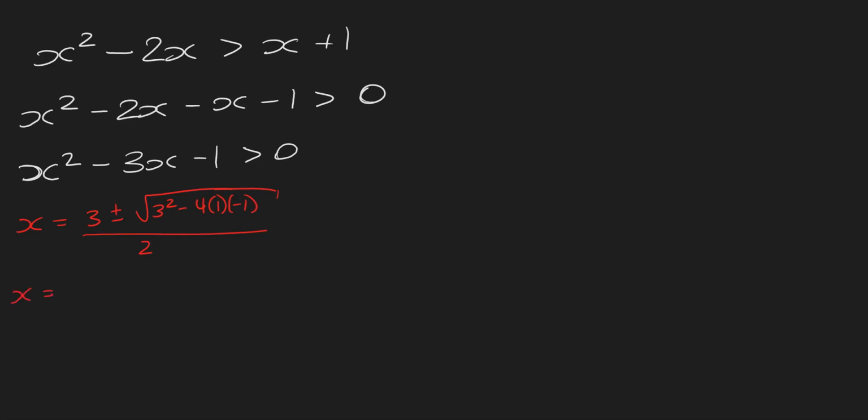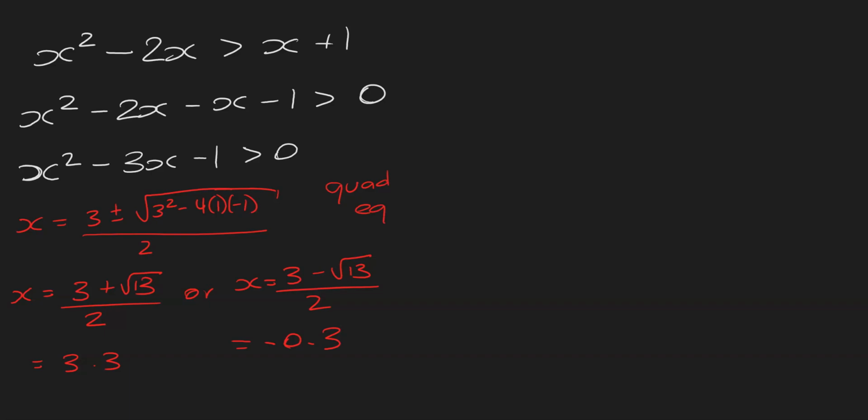So we get 2 roots, which are (3 plus square root of 13) over 2, or (3 minus square root of 13) over 2, which equals 3.3, or negative 0.3. So I skipped through using the quadratic formula. If you're not sure how to use it, please do look at that video as well.